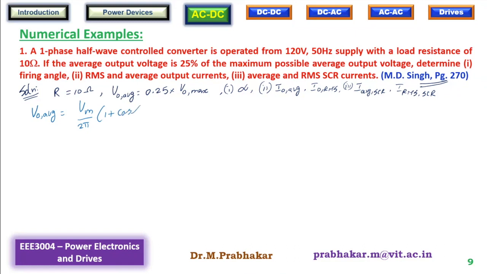You can actually try doing this for R load. V naught will be from alpha to pi only. So from the waveform, you can actually derive the expression for V naught average.